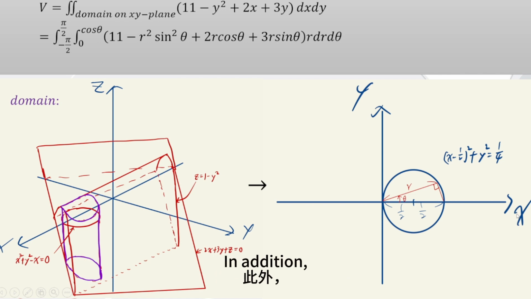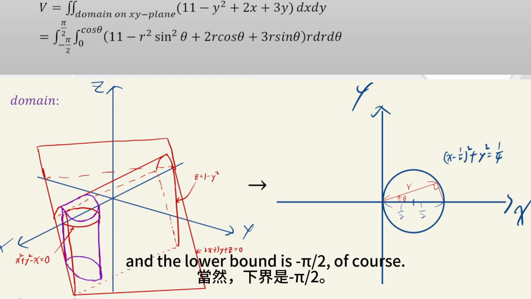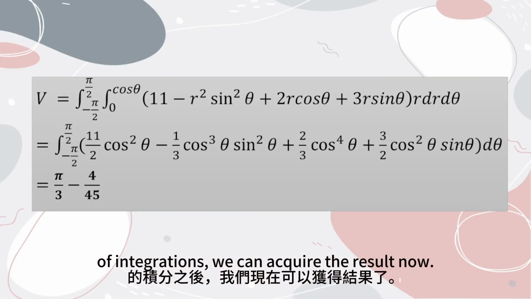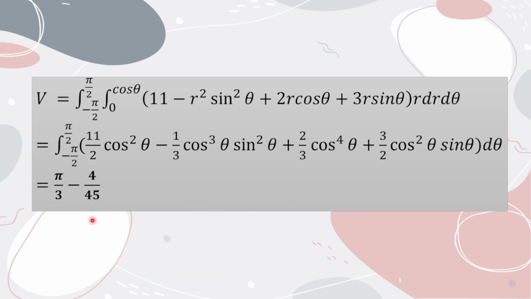In addition, the upper bound of theta is pi divided by 2, and the lower bound is minus pi divided by 2, of course. Okay, and after a sequence of integrations, we can acquire the result now.